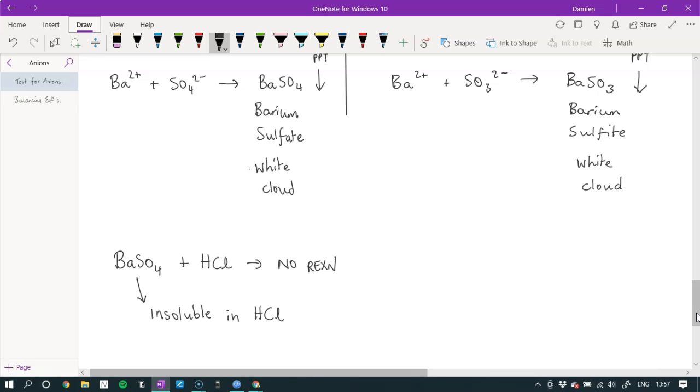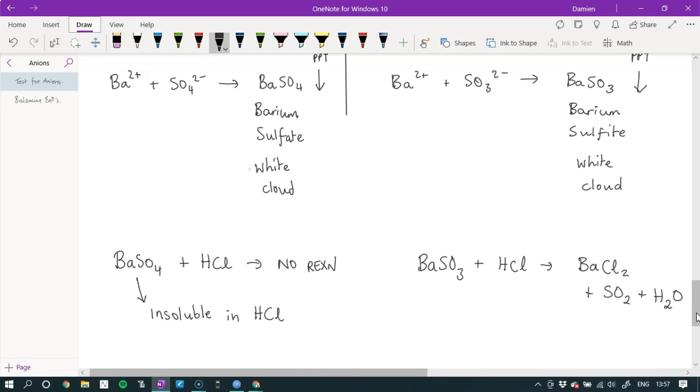Whereas on the sulfite end of things, you have barium sulfite, BaSO3, plus HCl. When the two of those react, you end up with barium chloride, BaCl2. You're going to end up with some sulfur dioxide and some water at the end.